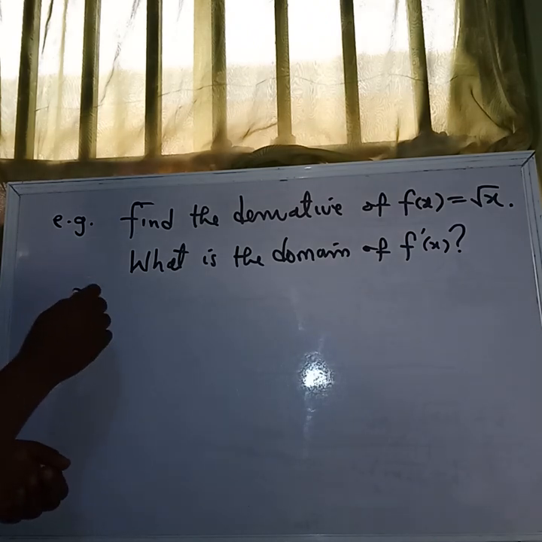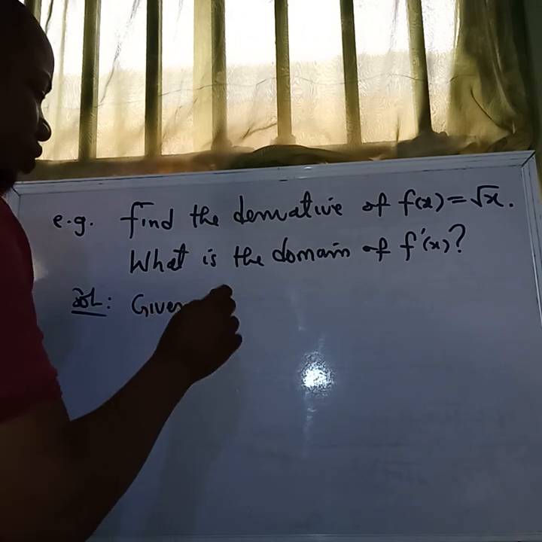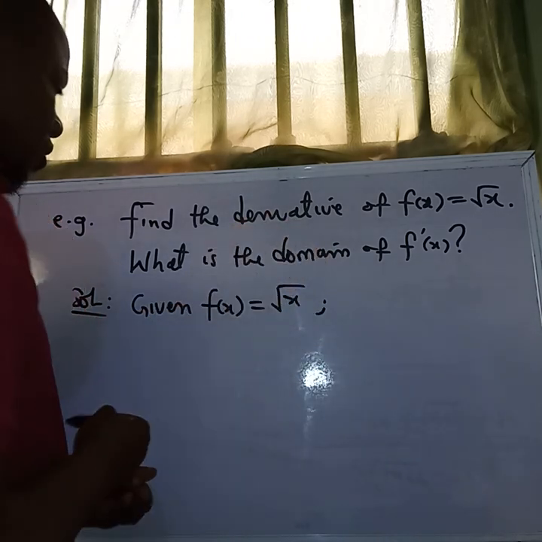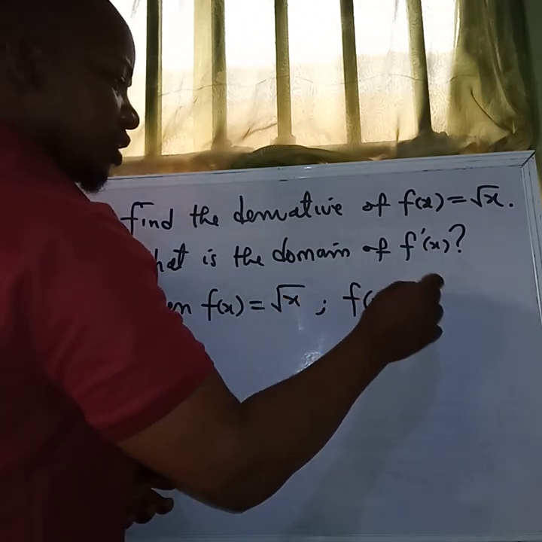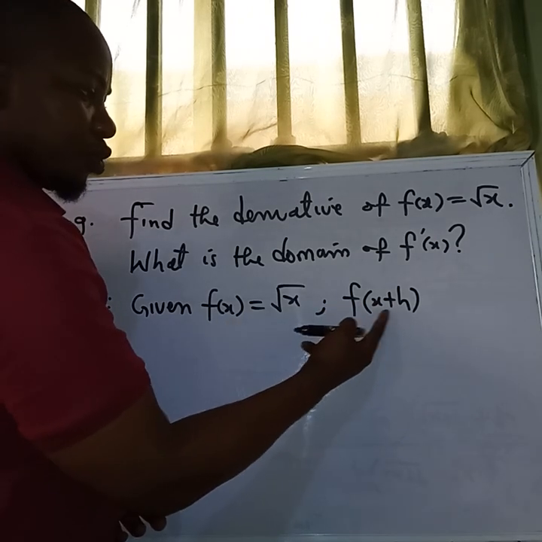Solution. Here we are given f of x equal to the square root of x. One of the terms we have in the formula is f of x plus h, which implies that whenever we see x, we should put x plus h.